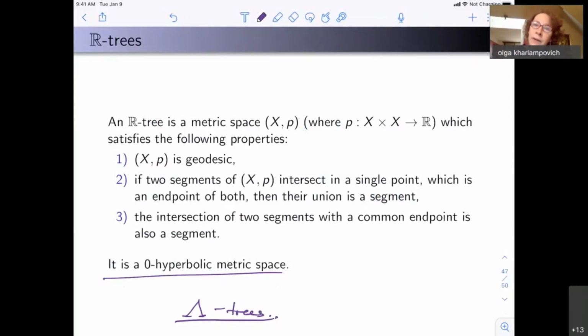In general, Gromov tried to do something for rings. When we're talking about trees, we're talking about some sort of hyperbolicity, right? One of the interesting questions: we have hyperbolic groups, we have trees.